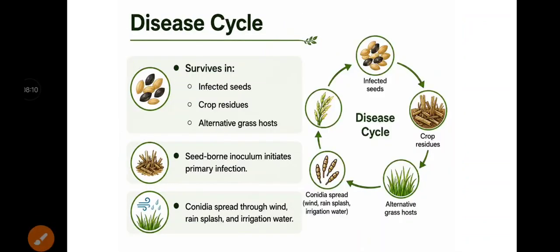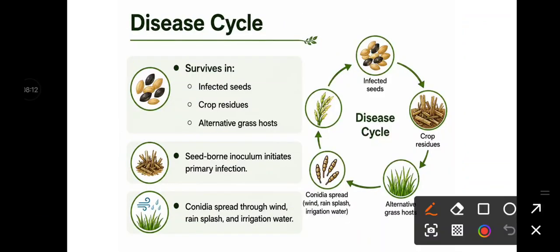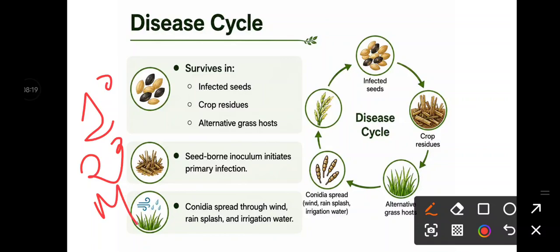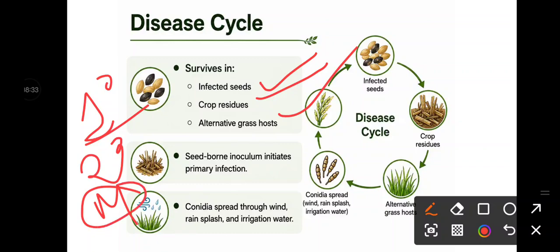Next, the disease cycle. In disease cycle, three things you have to remember: primary source of infection, secondary source, and mode of spread. Primary source comes from the infected seed, crop residue, and alternate grass host. Secondary source of infection is the conidia. And mode of spread, how the conidia spread? It is spreading through the wind, rain splash, and irrigation water.